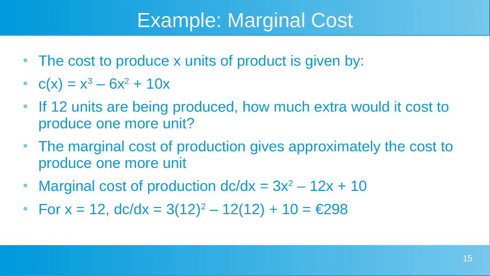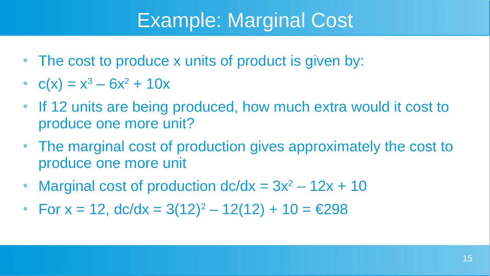We were producing 12 units, so our value of x is 12. Now we can work out the marginal cost of production, approximately the cost to produce one more unit when we're already producing 12 units. We can work that out by substituting in 12 into our equation.